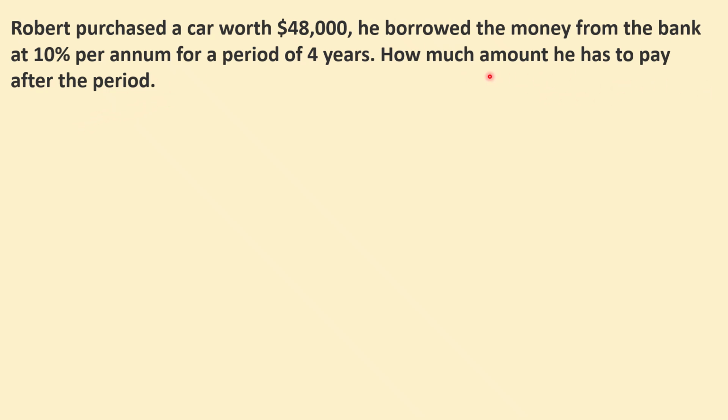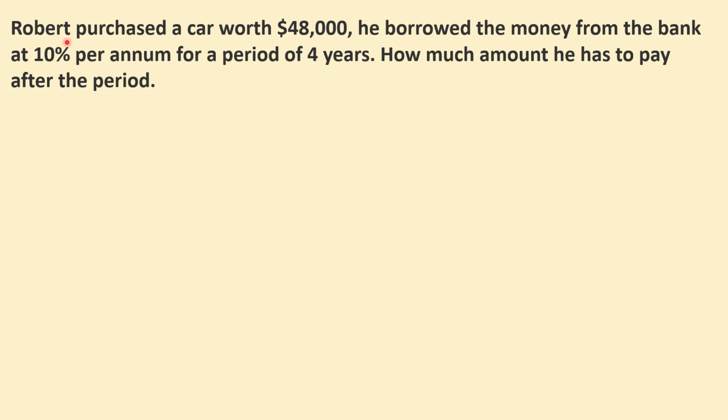Now here we have to find the total amount, which means 48,000 plus the interest, at the end of the 4 years. Whenever you have word problems, as you start reading, start noting down the given things, so it makes your calculation easier.